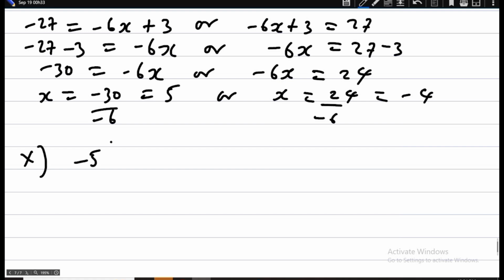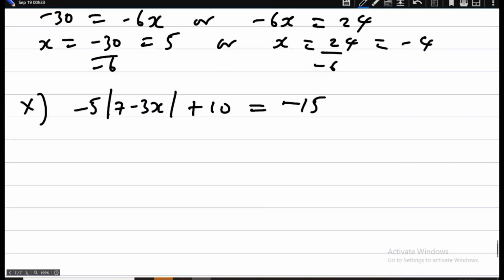plus 10 is equal to minus 15. Okay, so first of all, I'm going to have that minus 5, absolute value of 7 minus 3x is equal to minus 15 minus 10, because this one moving this side have minus 10, so I'm having minus 5, the absolute value of 7 minus 3x is equal to minus 25.